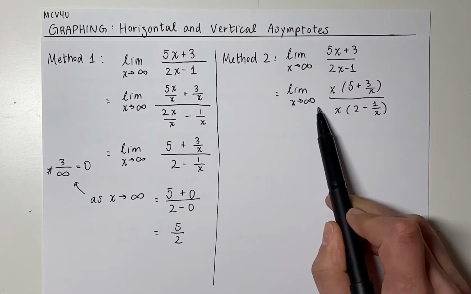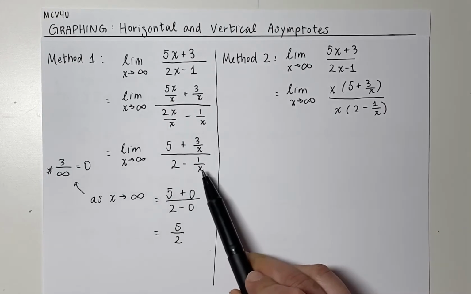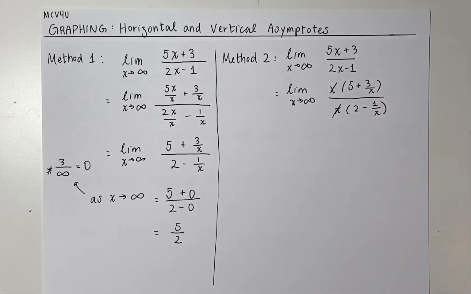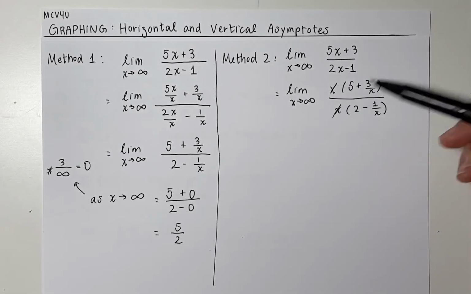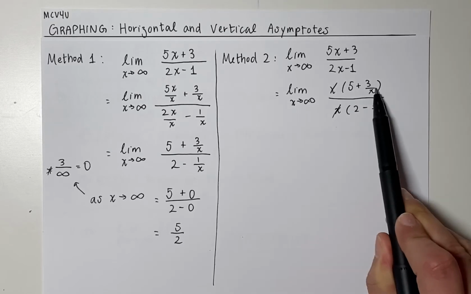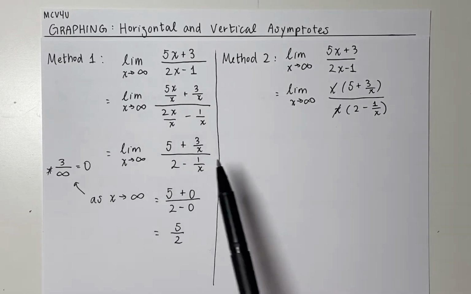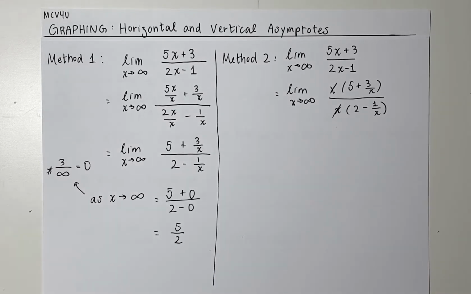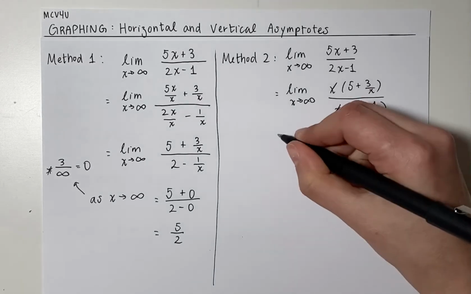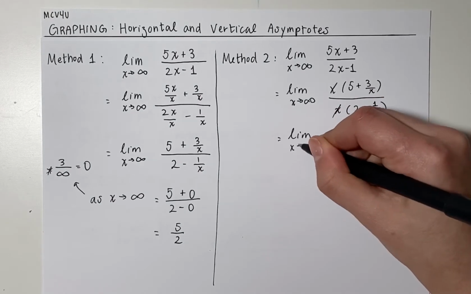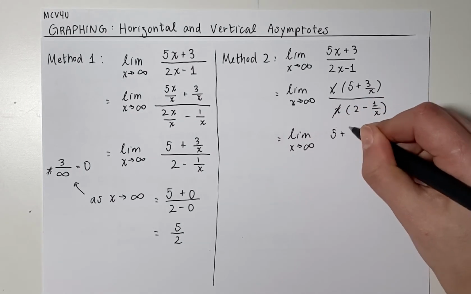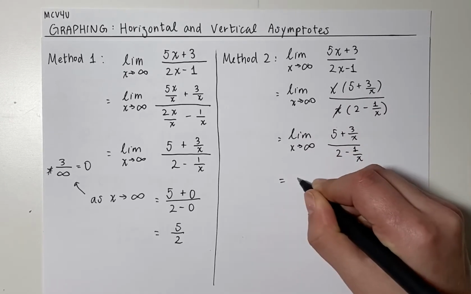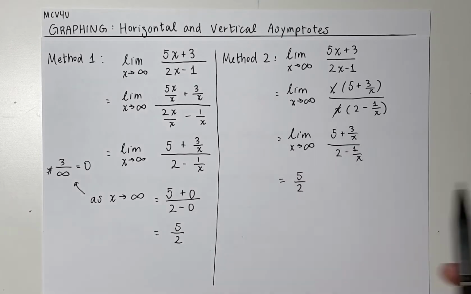If you take a look back over here, they're the same thing because the two x's cancel out. So we're left with 5 plus 3 over x over 2 minus 1 over x, which we had here. So as you can see, both methods will give you the exact same answer, where we got 5 over 2.